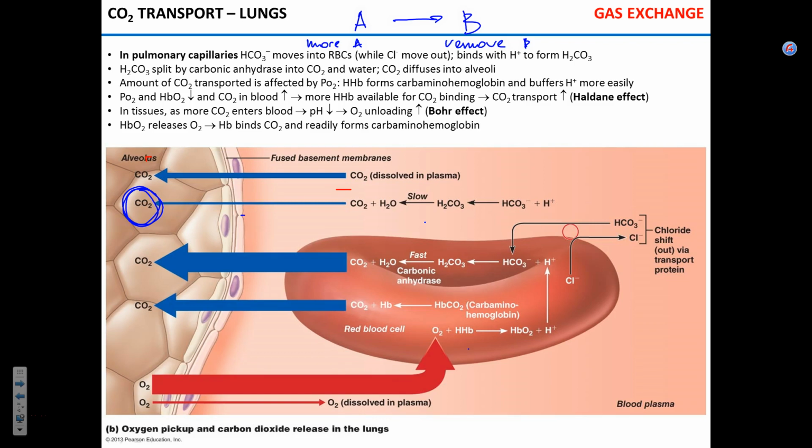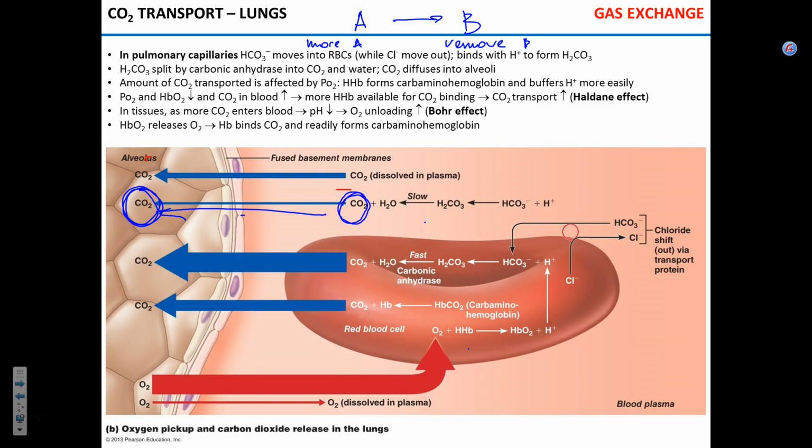Well, I wouldn't say low, lower than in the blood. That makes sense? So that CO2 will be constantly moving from the blood into the alveolus. Because there's a gradient. So far, the gradient idea, does that make sense?